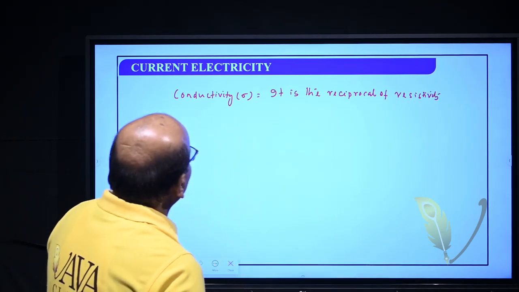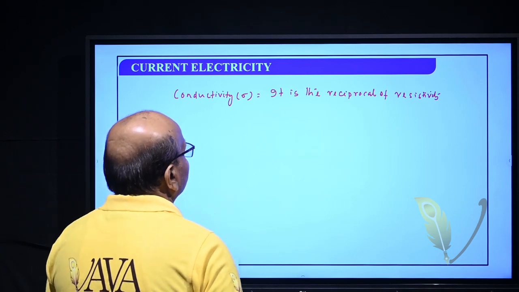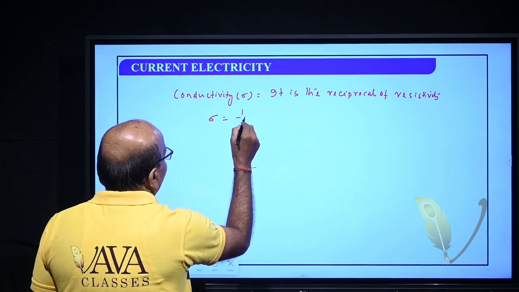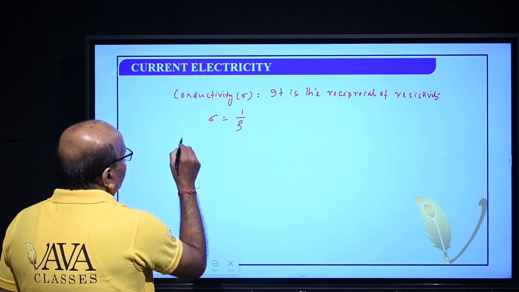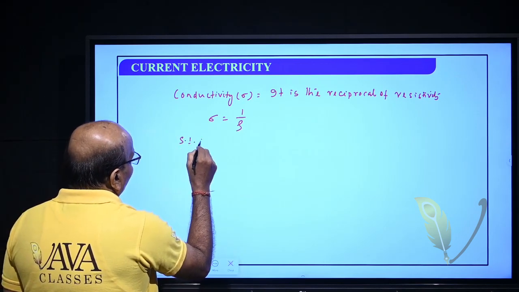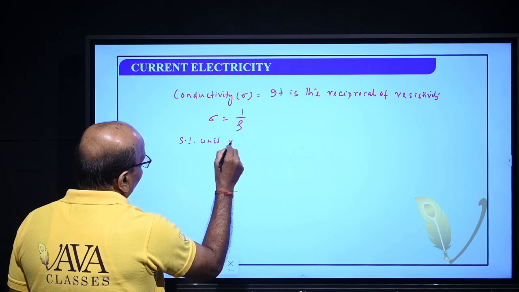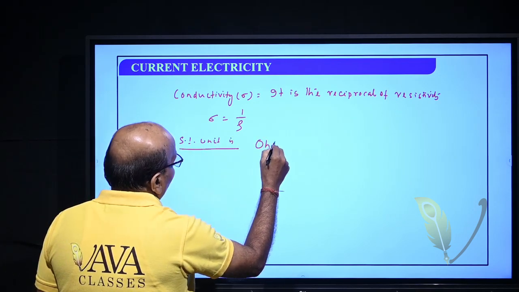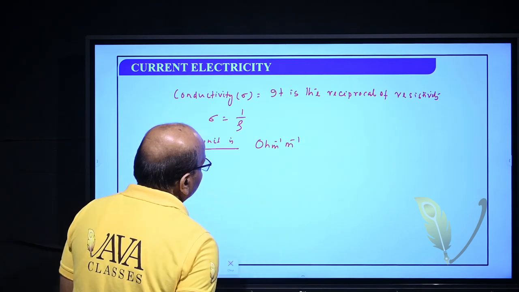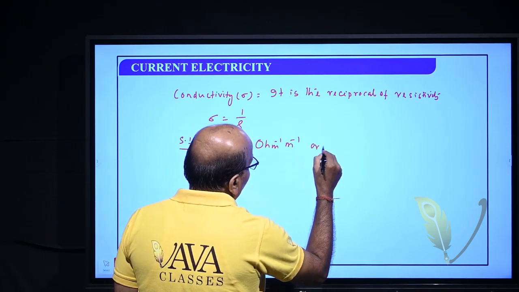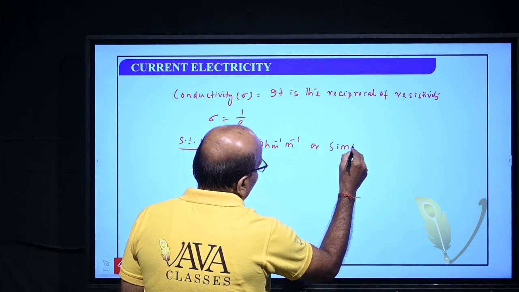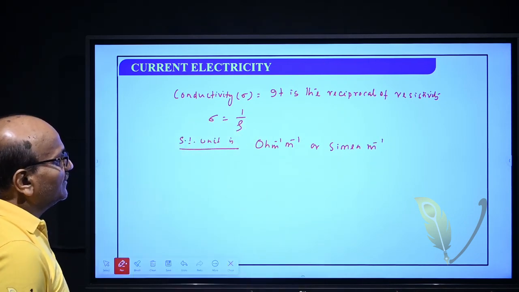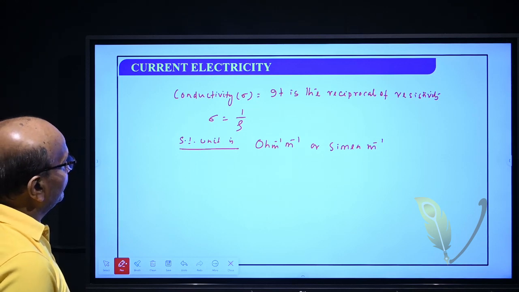That is sigma is equal to 1 by rho, and the SI unit is ohm inverse meter inverse or Siemens into meter inverse.